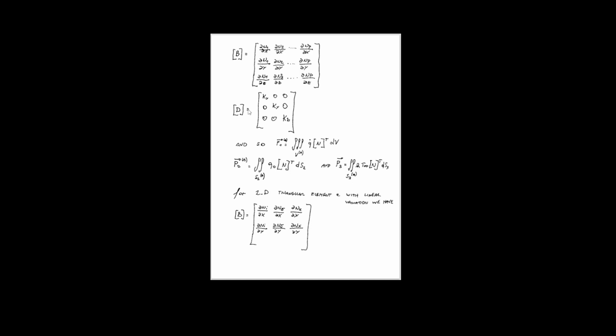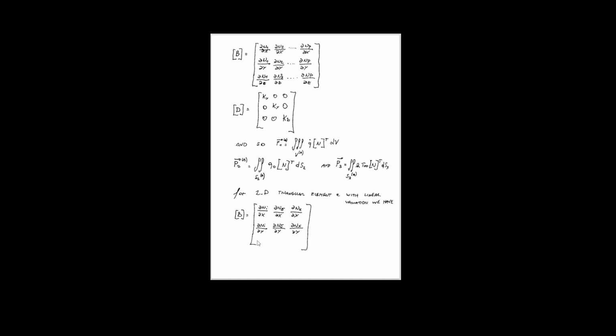At the same time, we can speak about P1, P2, and P3. These are the expressions related to 3D quantities. But we have to remember that for a triangular element with linear variation, B is only a part of the matrix.